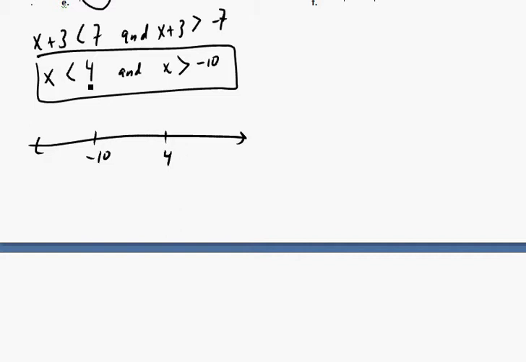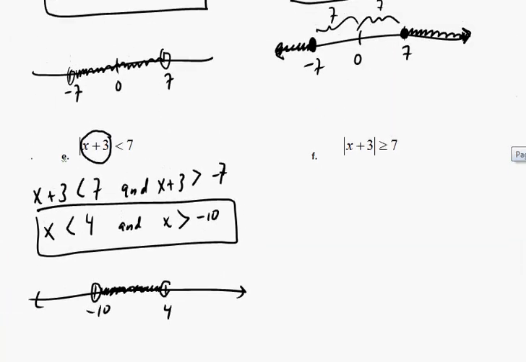So we want the values of x that are less than 4. So that would be these values. But our values of x also have to be greater than -10, which would be the values to the right of -10. And since our values of x have to be both less than 4 and greater than -10, our solutions would be the values in between -10 and 4.